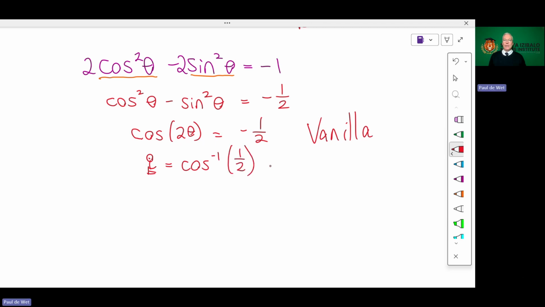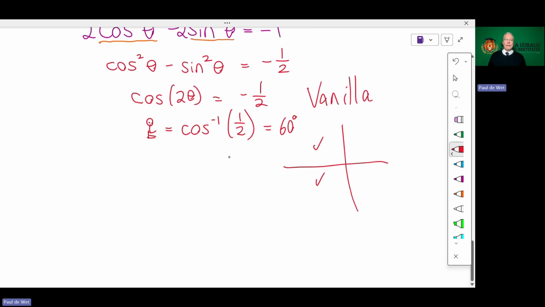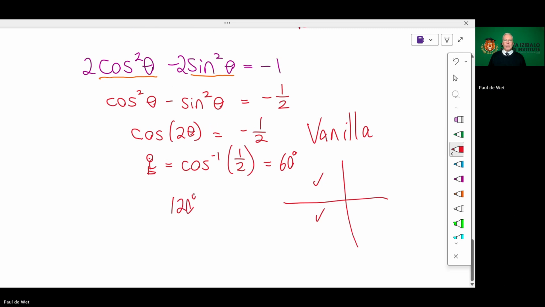And we get 60 degrees. Which quadrants do we want to be in? Well, we want cos negative, so we're in here and here again. Okay, then our answers are going to be 180 minus the key, or 180 plus the key, plus 360k for both of them. Right, but remember that this is actually 2 theta.